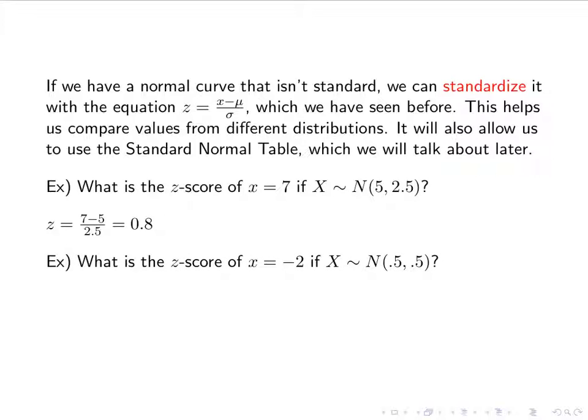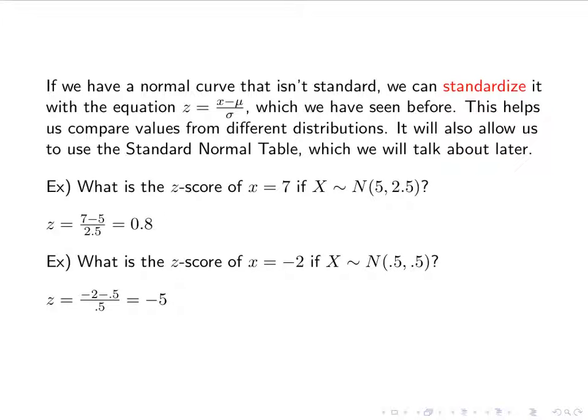What is the z-score of x equals negative 2 if x is normally distributed with mean of 0.5 and a standard deviation of 0.5? So I'll plug in my x, my mu, and my sigma, and I have negative 2 minus 0.5 divided by 0.5, and that gives me negative 5.